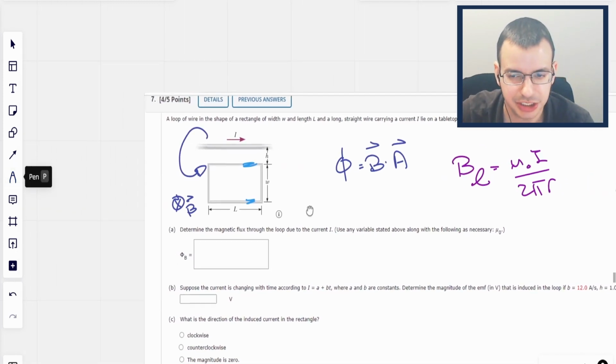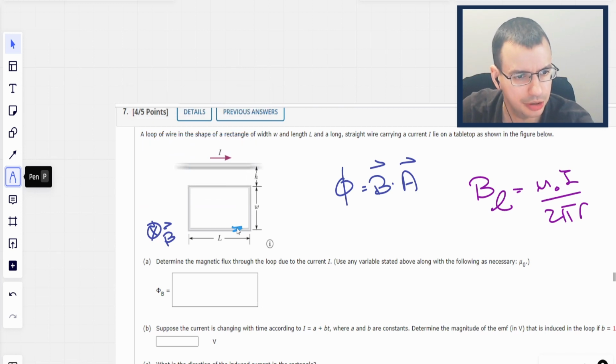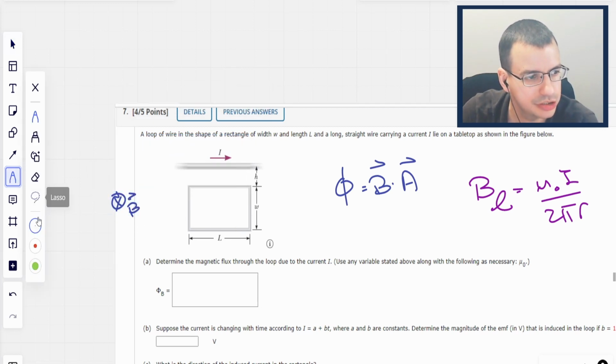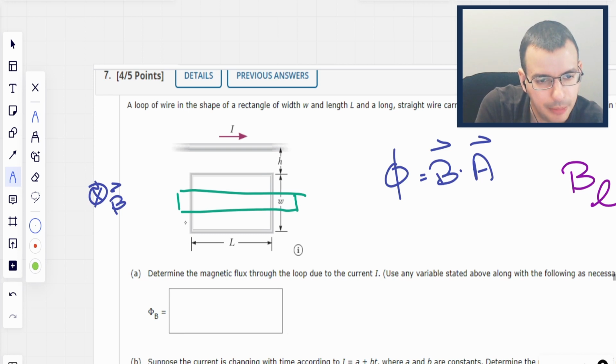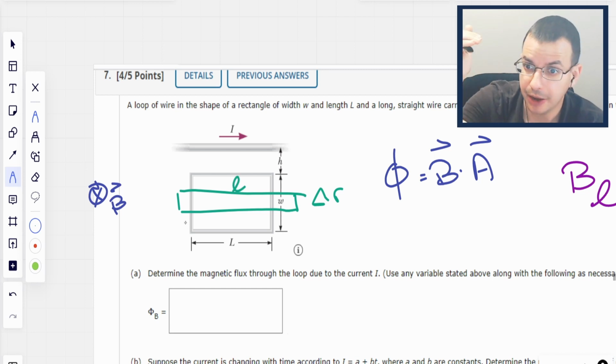So the way I'm going to set this up, we're going to do a little delta r here. This little distance, I'll call it delta r. So it's a small bit of radius from there, and this is going to be a length L. We're going to look at these areas going down.